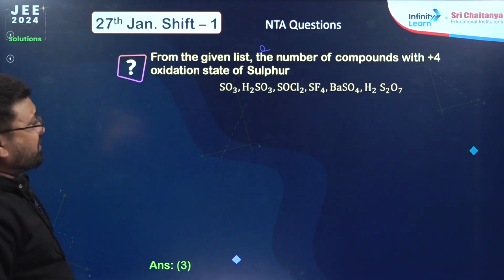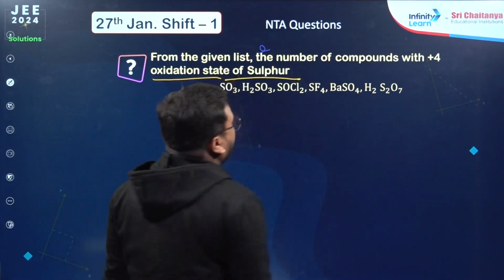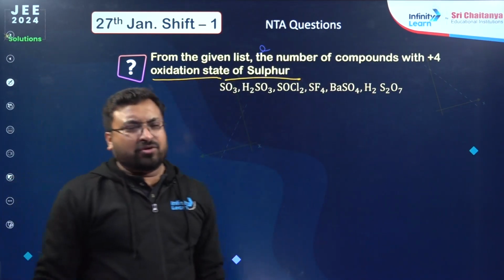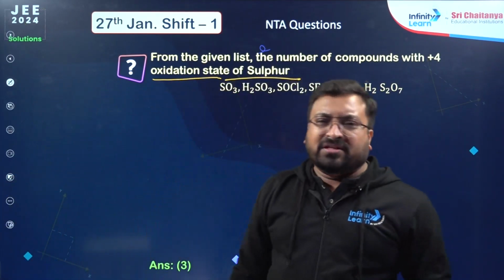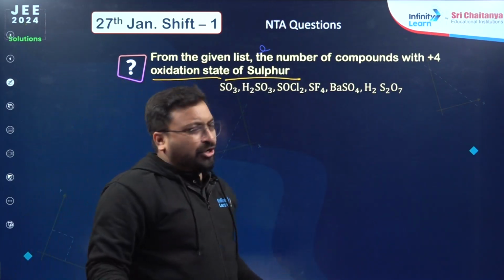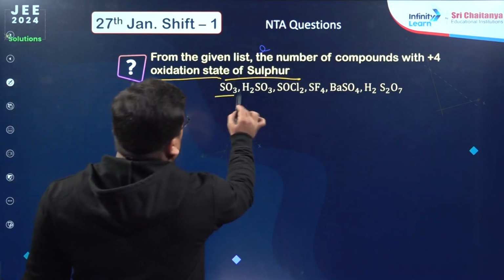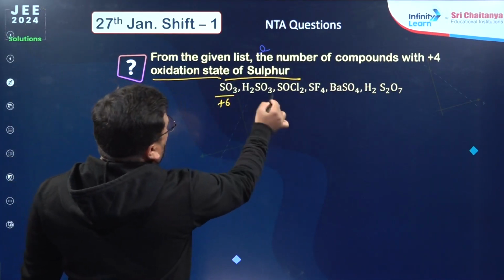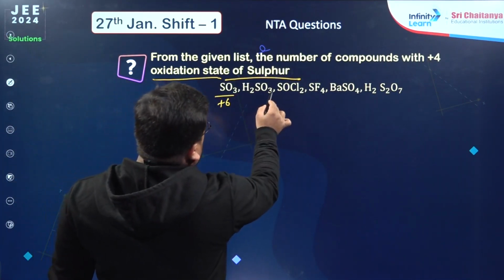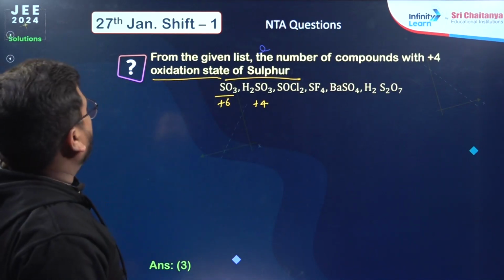From the given list, find the number of compounds with +4 oxidation state of sulfur. Once again, this belongs to redox reactions, oxidation number. Sometimes you should know the structure of compounds also. So SO3 is +6, SO2 is +4. They are asking about +4.